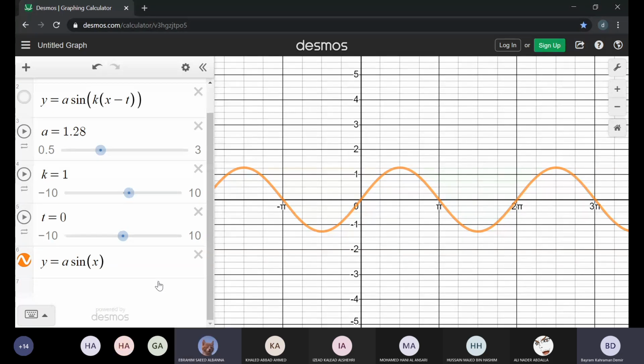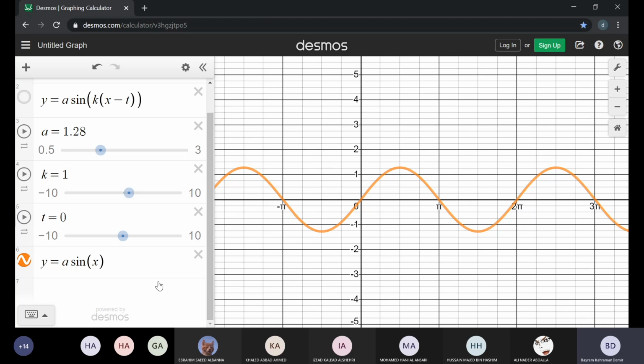Okay, inshallah. Now, Shabab, you see, we have sine x multiplied by a number a. So now we have a setup for a. A is changing from 0.5 to 3.